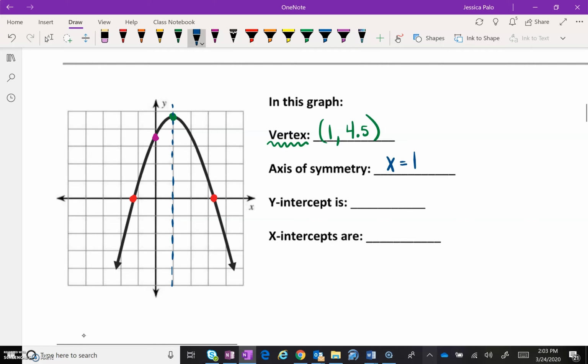The y-intercept appears to be (0, 3.5). And our x-intercepts are about 3.25 and negative 1.25.